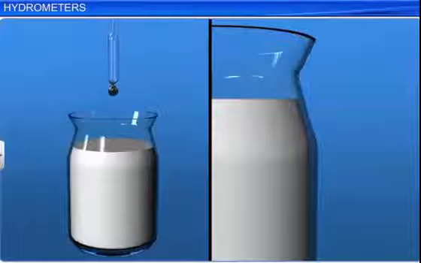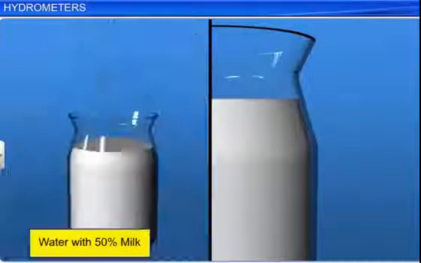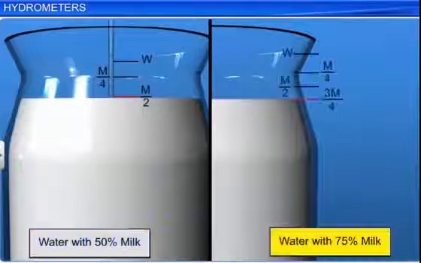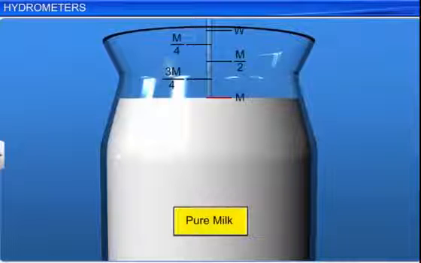Similarly, m/2 corresponds to 50% milk, 3m/4 to 75% milk, and m corresponds to pure milk.